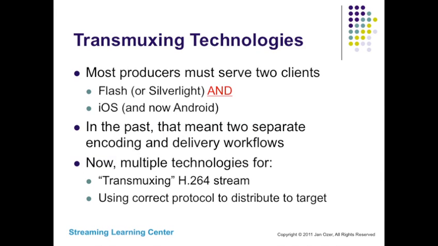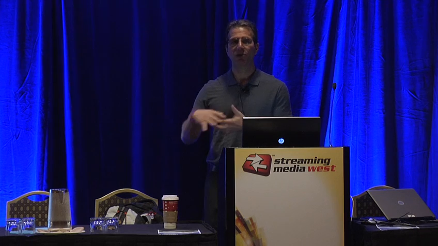And then I spoke to them the next year, and they said, we used Akamai, we encoded for Flash, and then they took that stream, which was encoded in H.264 format, and then they transmuxed it. So they didn't re-encode it. They changed the container format from the MP4 format to the MPEG-2 transport stream that's necessary for Apple, and they created the manifest files. And they did that all in real time. So they went from two sets of encoders to one set of encoders.